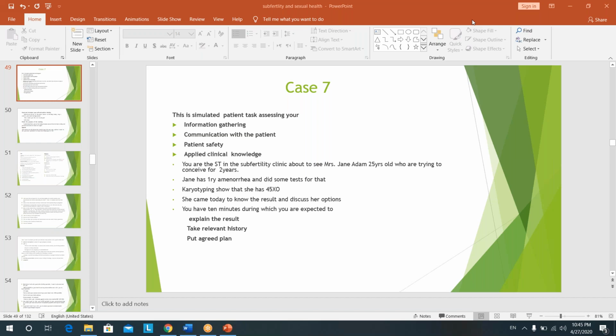We have 23 pairs of chromosomes, but we have the sex chromosome. In case of female, it is XX, but in your case, it is 45. Oh my God.